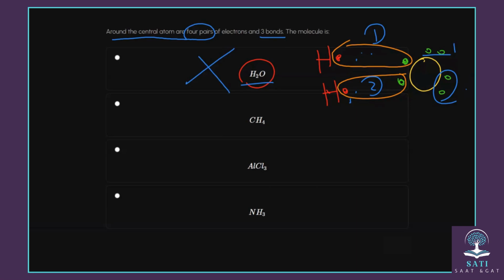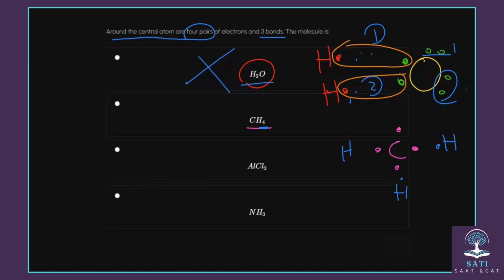Okay, we go to the second one, which is CH4. How do we draw CH4? It has a carbon atom, and the carbon atom has 4 valence electrons, which are drawn as dots around the carbon. What about hydrogen? Hydrogen is the first element in the periodic table, and it has 1 valence electron, so each hydrogen has just 1 dot.